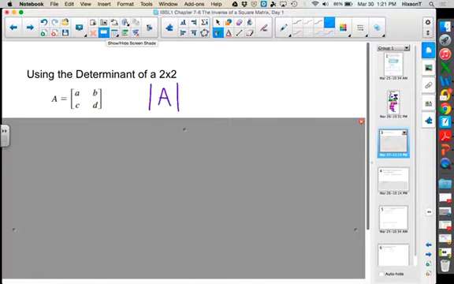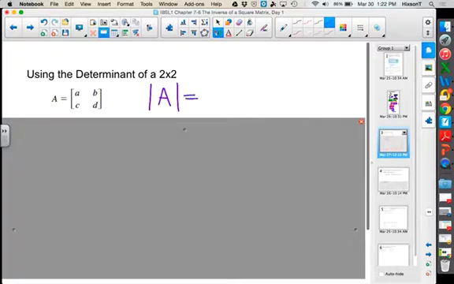The notation is that symbol right there, which, guys, you've seen in a lot of different contexts. In one context it means absolute value, in another it means distance, in another it means the magnitude of a vector. Here we're talking about the determinant of a matrix. So context is really important here.